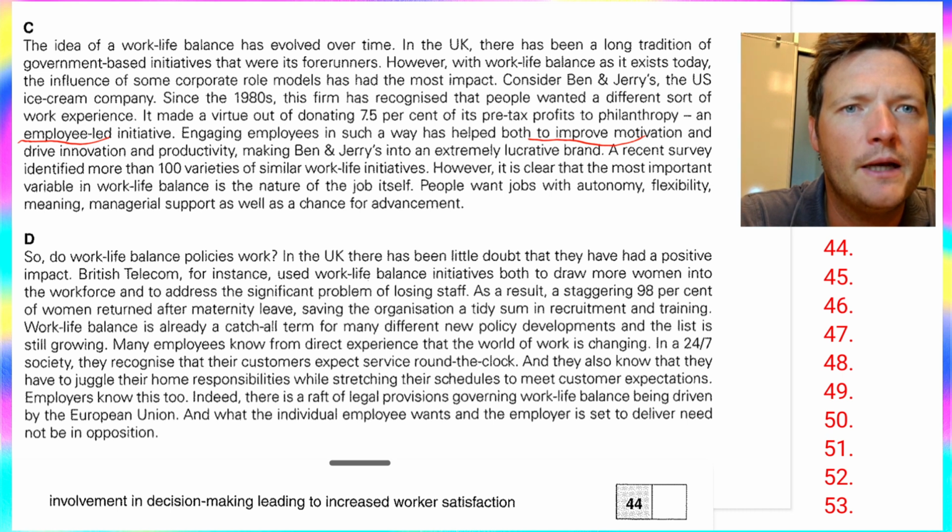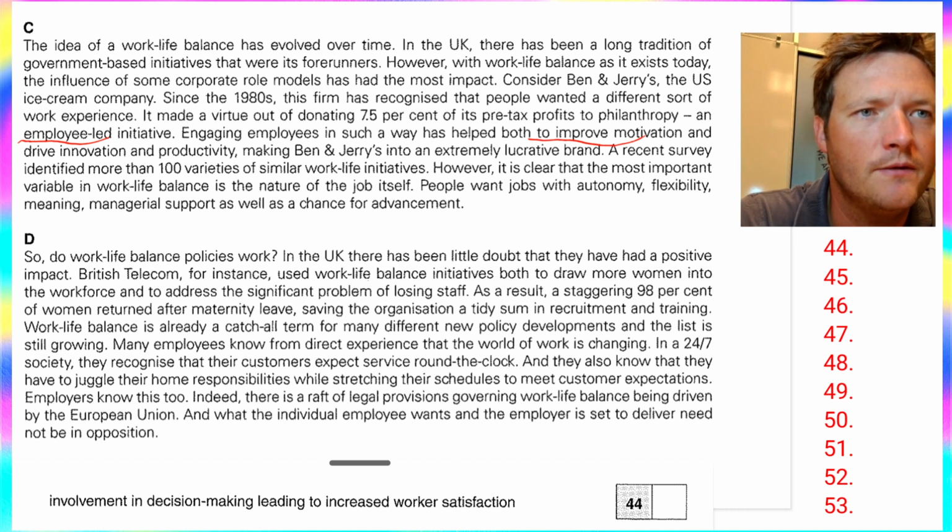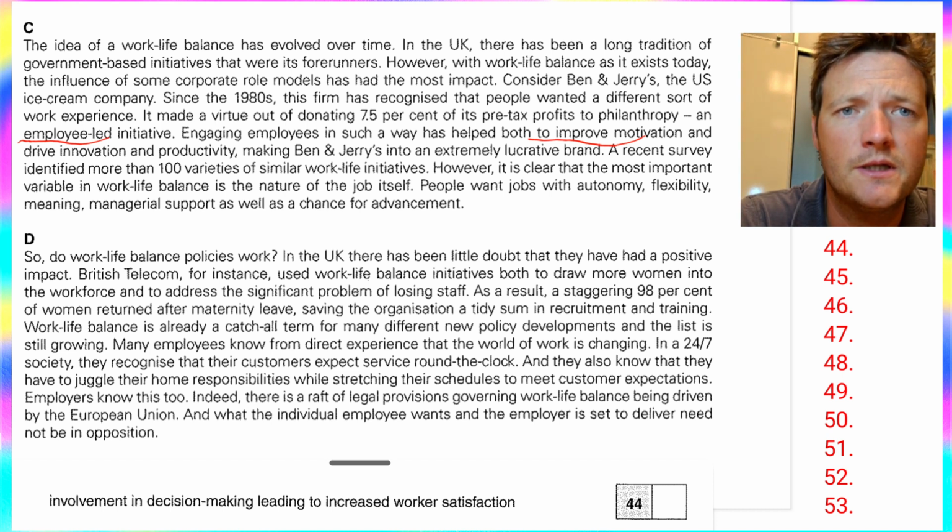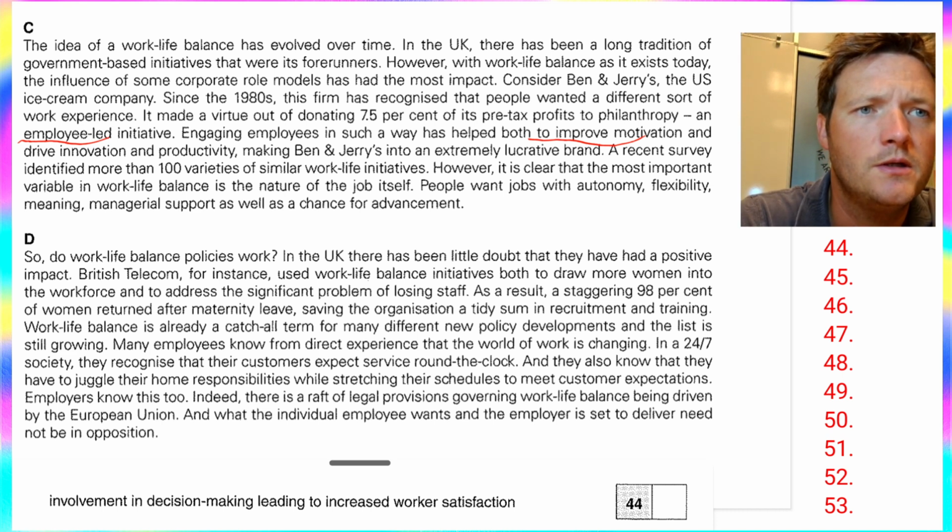Work-life balance is already a catch-all term for many different new policy developments, and the list is still growing. Many employees know from direct experience that the world of work is changing. In a 24/7 society, they recognise their customers expect service around the clock, and they also know that they have to juggle their home responsibilities while stretching their schedules to meet customer expectations.